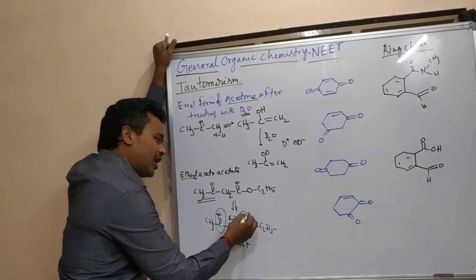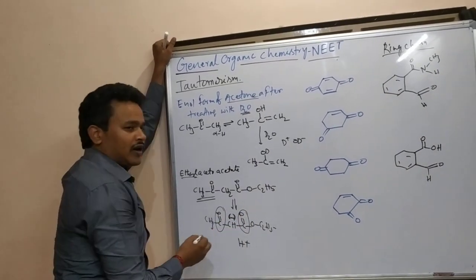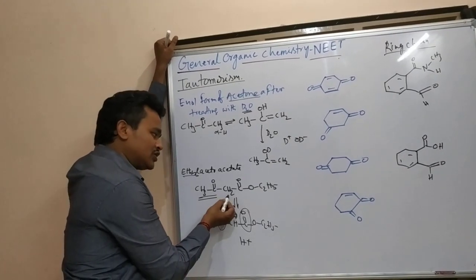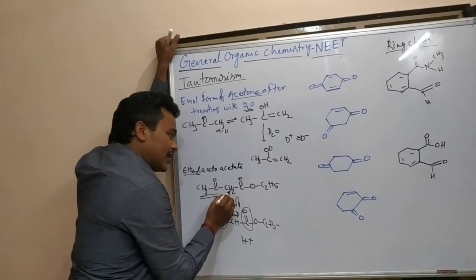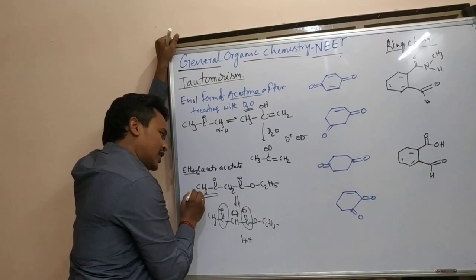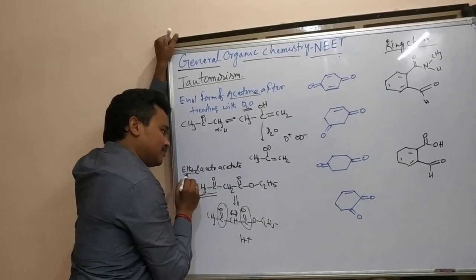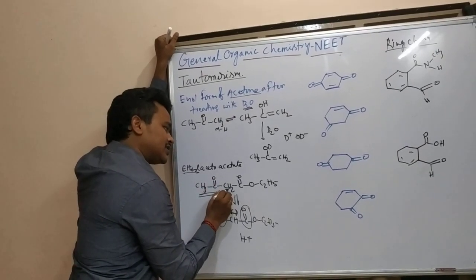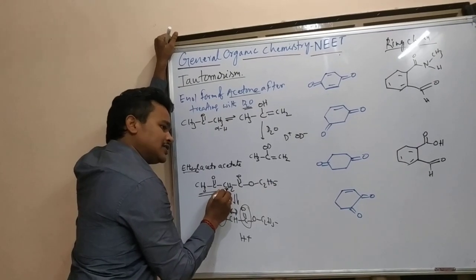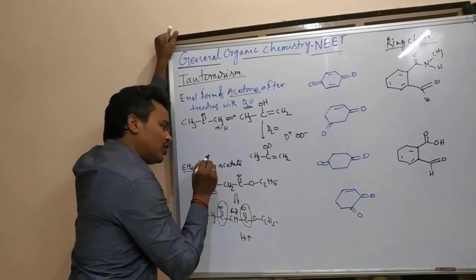They can withdraw, so they can stabilize this one. That is why the hydrogen is going to be released from this. Here also you can release, but this releases first because after releasing it is getting more stable.